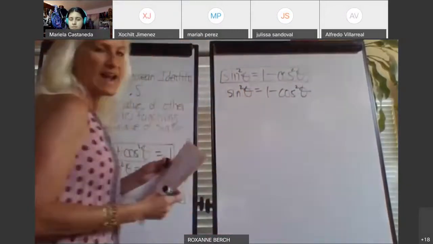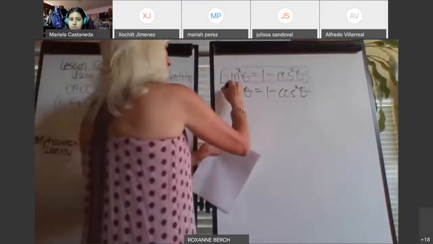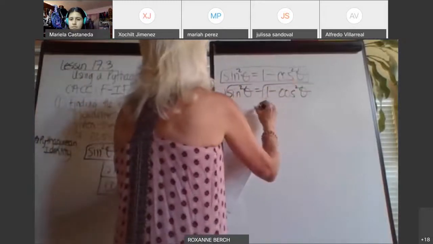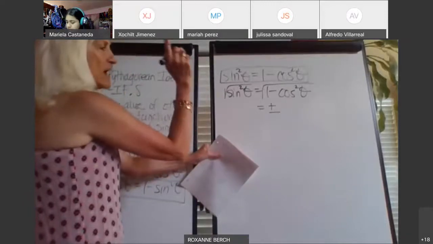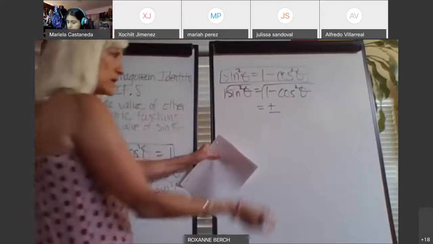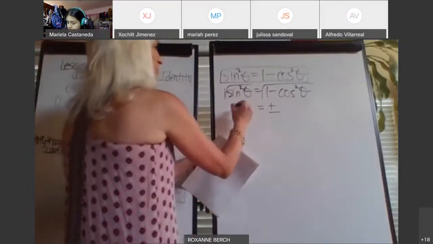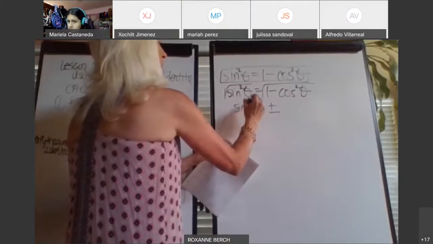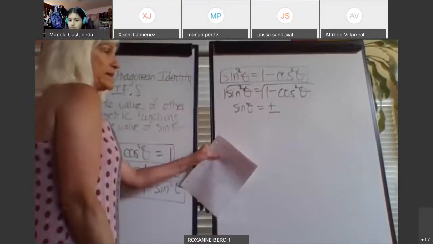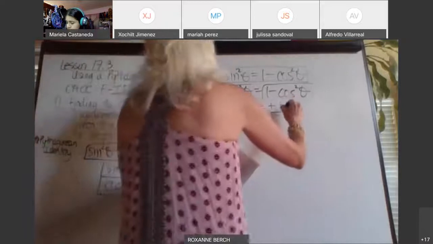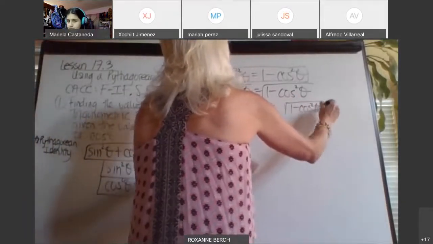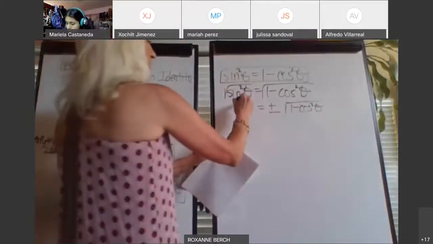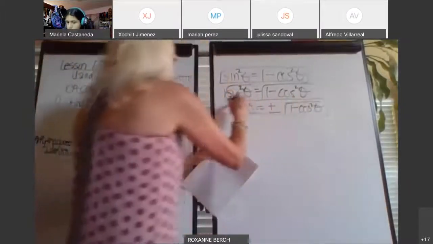Just like we did in algebra, you're going to take the square root of both sides. Don't forget plus or minus. So sine times sine is sine squared, so since you have 2 under there, the square root of a square is sine. And you get plus or minus the square root of 1 minus cosine squared theta. So there, you just came up with another formula.